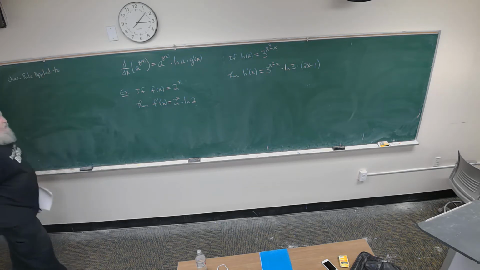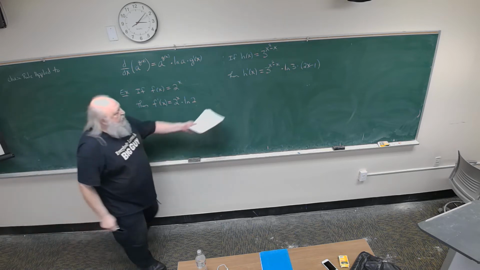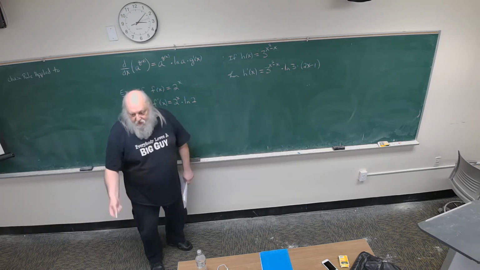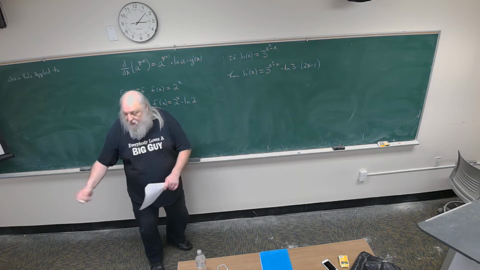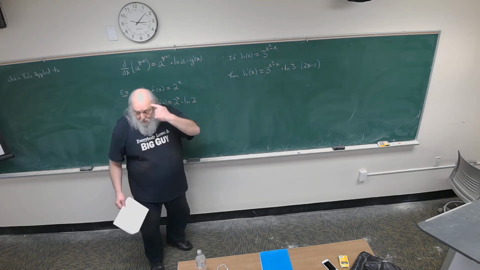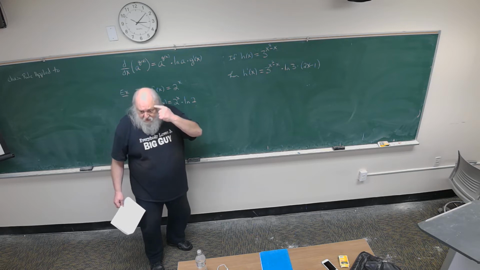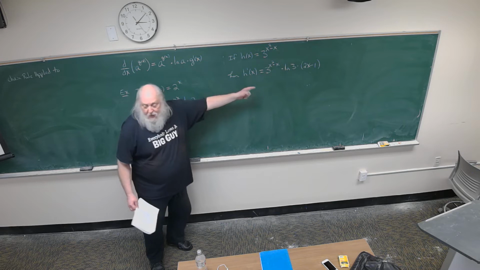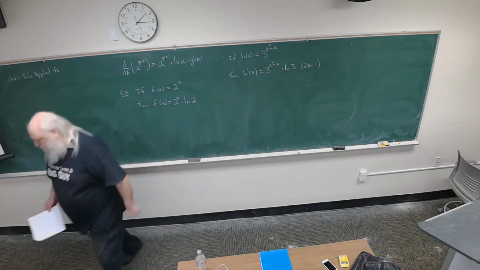And you notice that when I differentiated this over here, I did not say this is f of x, this is g of x. We did that all up here. We know what f of x, g of x, f prime, and g prime are up here. It's the pattern that's important.